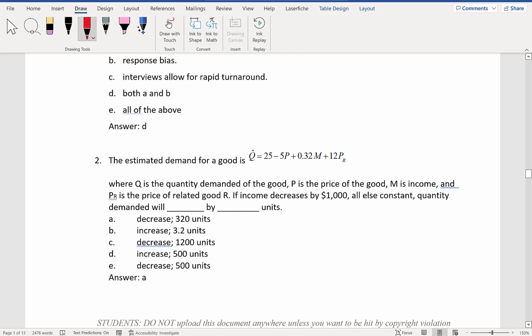Number 2 starts like this: Q hat, the estimated demand for a good, is 25 minus 5p plus 0.32 m plus 12 pr, where Q is the quantity demanded of the good. Whatever we are selling, this could be cookies, I'm totally making it up.